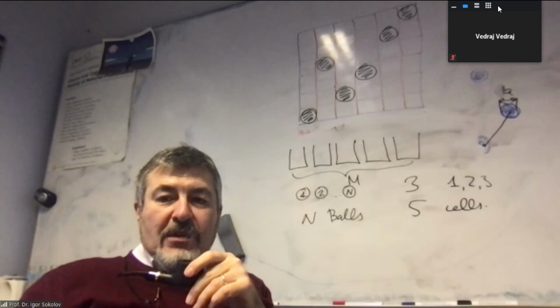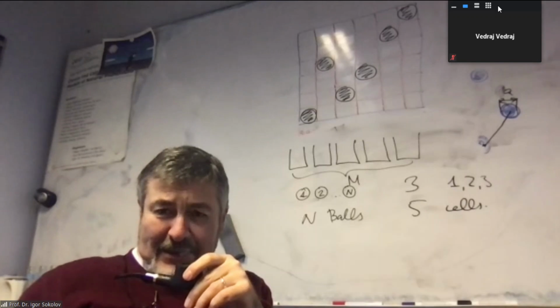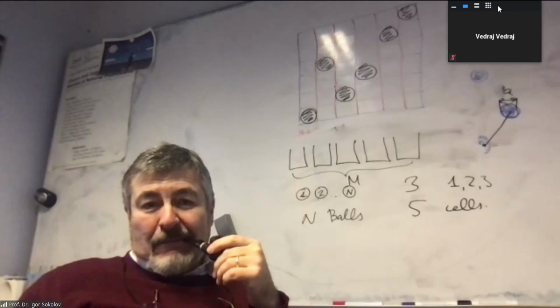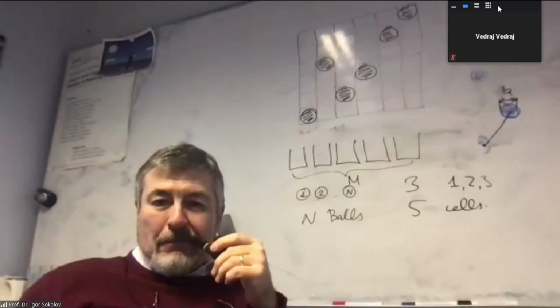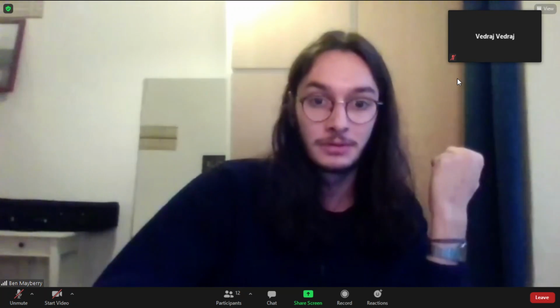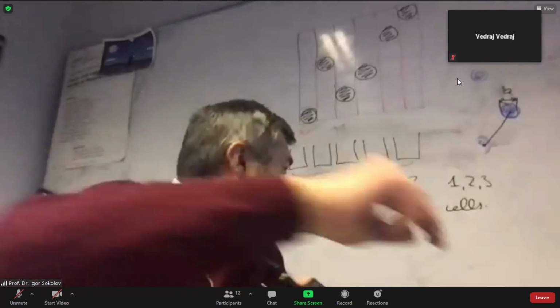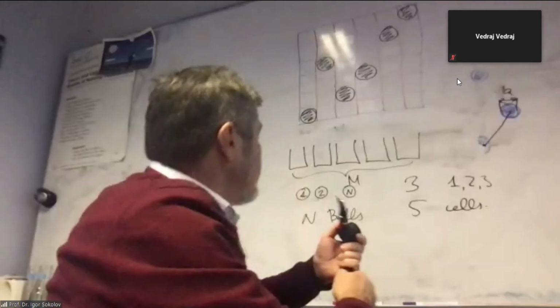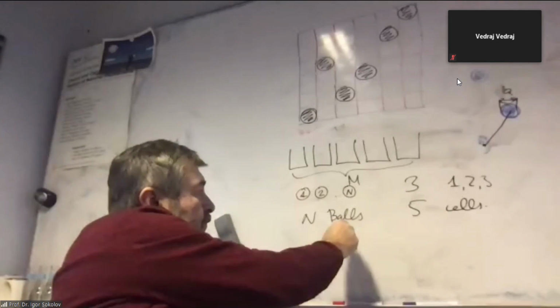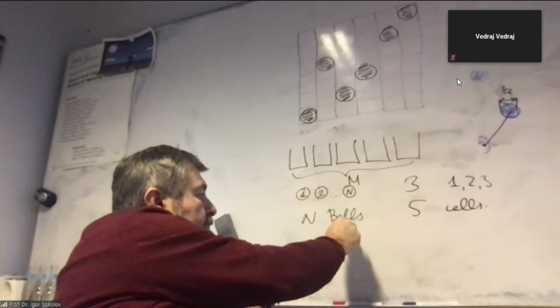I see some bored faces here. Do you know the answer? I think so. Okay. Tell us. Well, what I've got is n factorial over m minus n factorial. So what do you propose? So if we have one ball and 5 cells, there are 5 ways of putting it in.